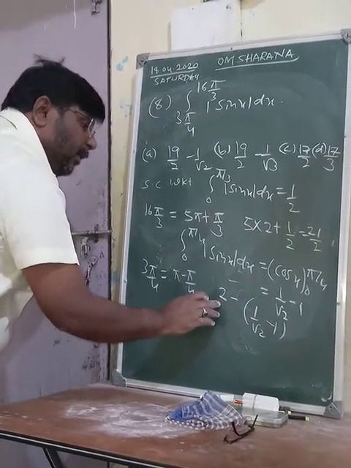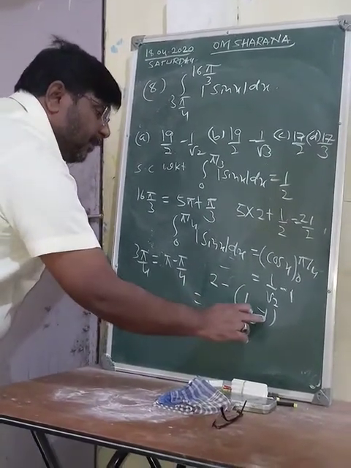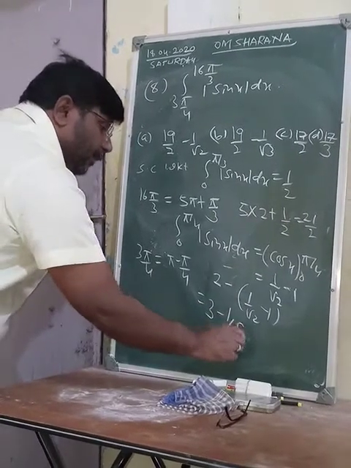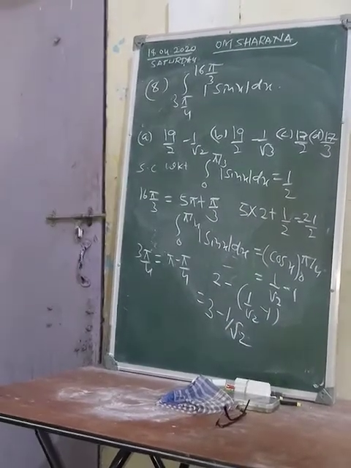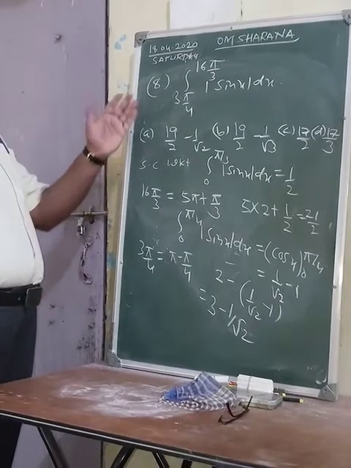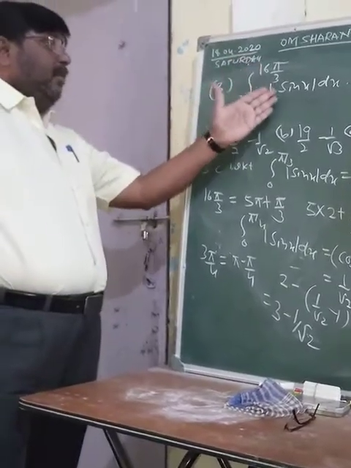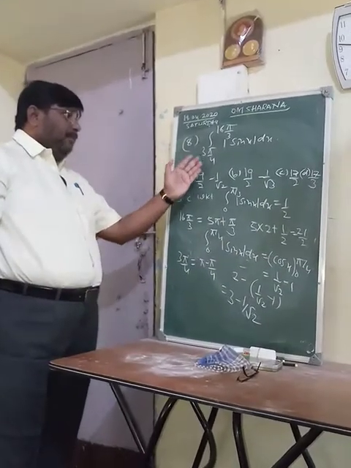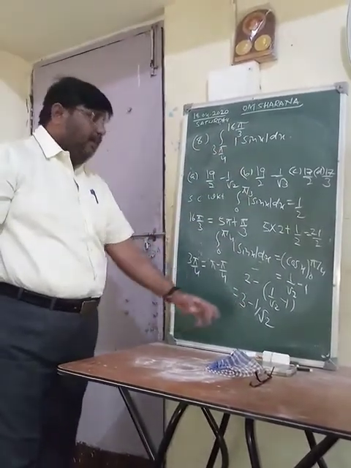That is 2 minus, minus plus 1. It is 3 minus 1 by root 2. So the integration from 0 to 16 pi by 3 of modulus of sin x dx is this, and the integration from 0 to 3 pi by 4 of modulus of sin x dx you got this one.